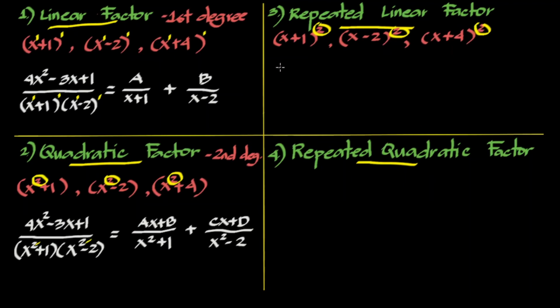So, paano naman isi-set yung partial fraction niya? Say we have same equation, we have 4x squared minus 3x plus 1 over x plus 1 squared times x minus 2 squared. Ayan. So, yung pagset ng partial fraction is ganito lang.